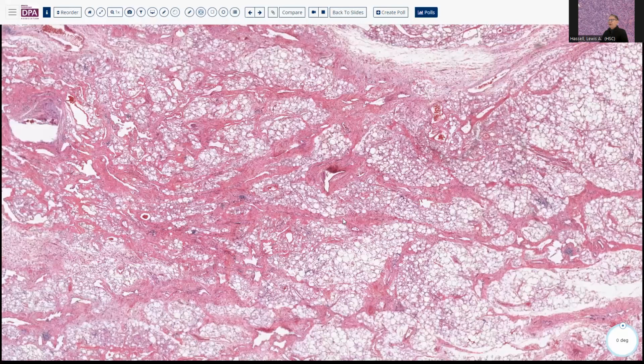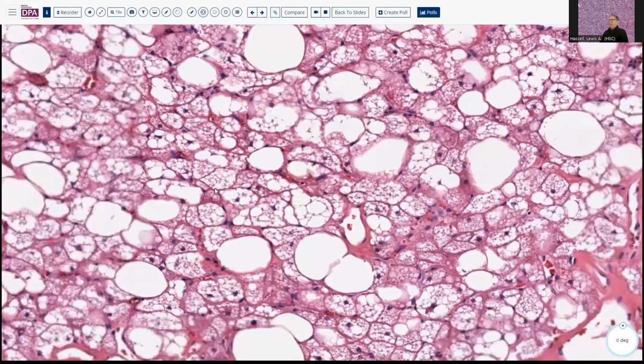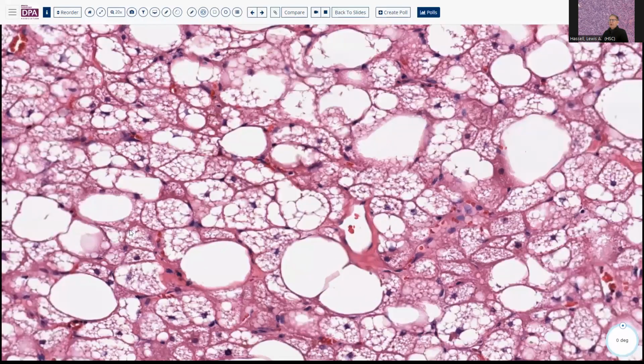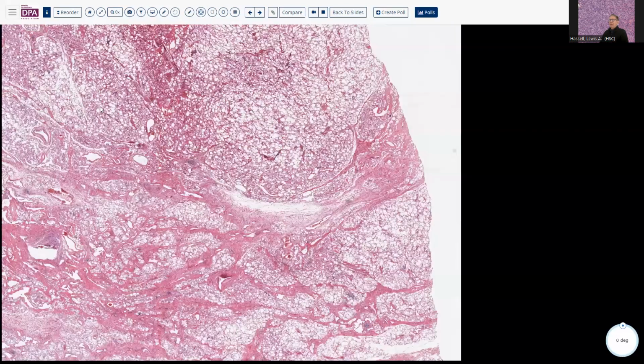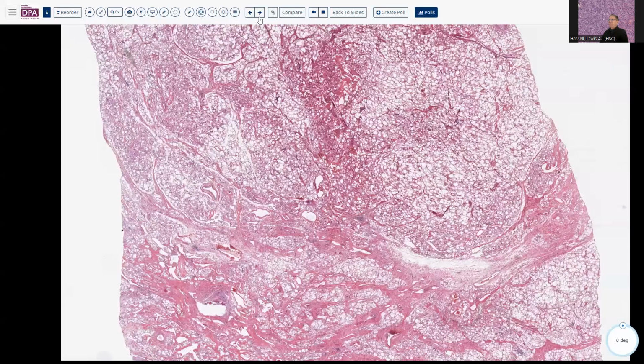And the proportion of the brown fat versus typical single locule adipocytes can vary dramatically between these different tumors. So sometimes it may be relatively sparse, and you might occasionally even just be tempted to think that it's an area of fat necrosis.